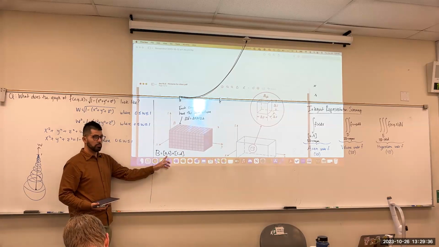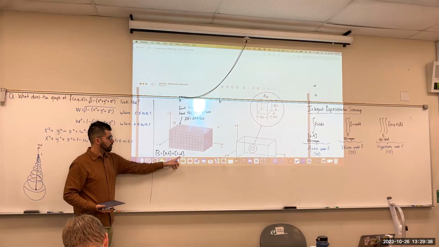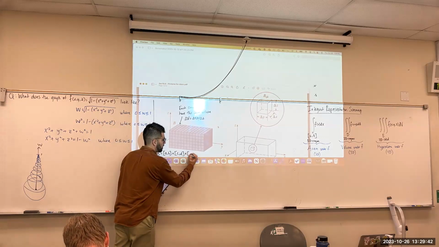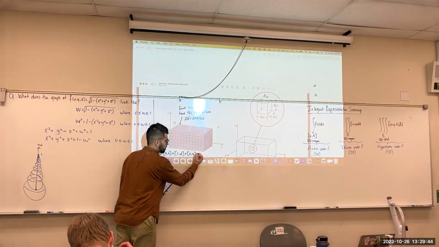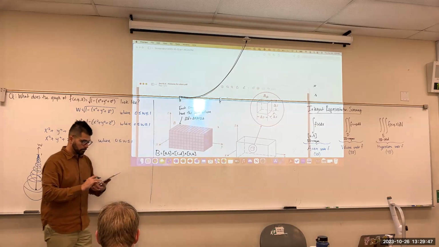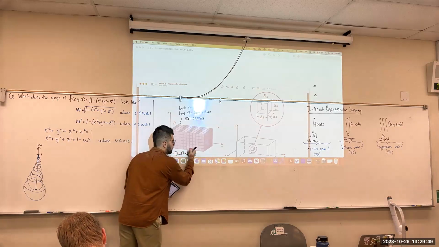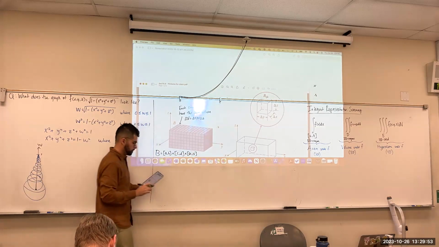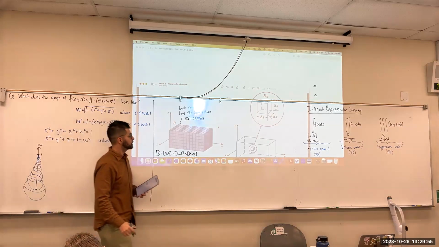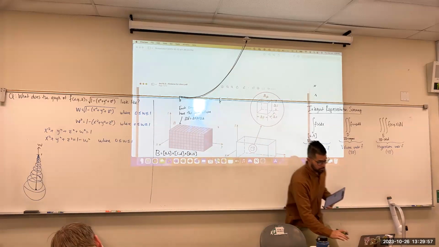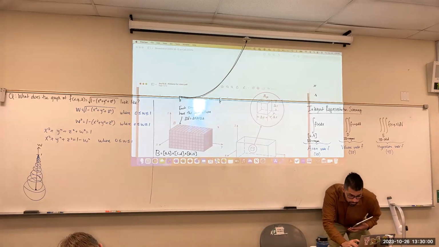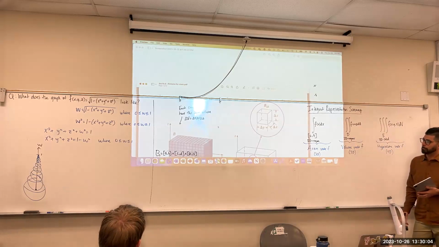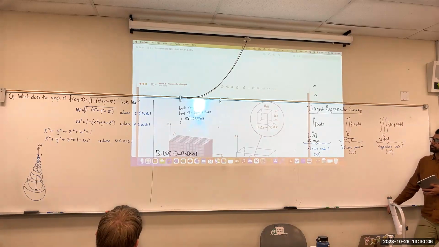This means x varies between A and B, y varies between C and D, but now we have z varying between U and V. Sorry, I did U and V to match the notes.